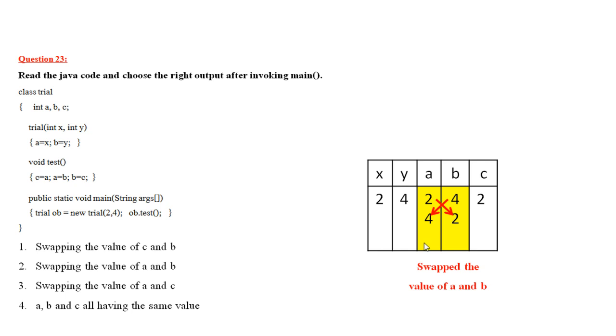These two yellow columns you see, A had 2, B had 4. It is actually getting interchanged or swapped. So, answer 2 is right, swapping the value of A and B.